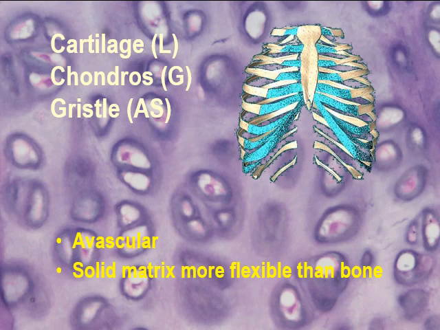The costal cartilage allows the rib cage to expand and recoil as we breathe. We also find cartilage in our external ears, our external nose, and the lining of our movable joints, where it serves as a kind of Teflon coating protecting the bony surfaces.